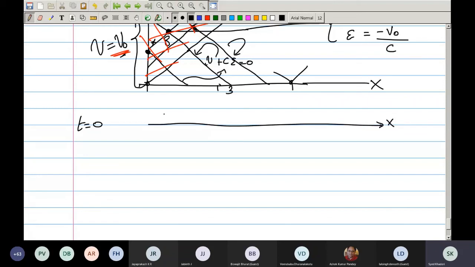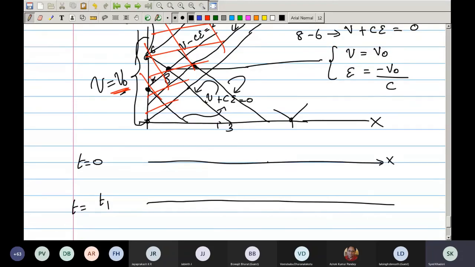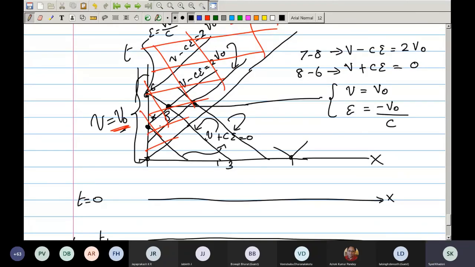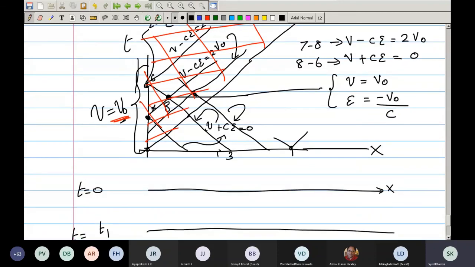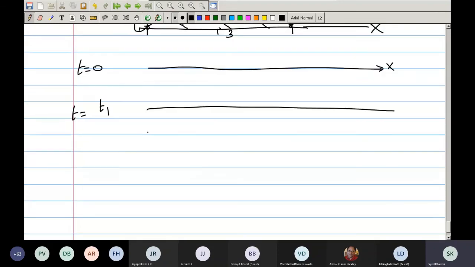At time, let's say, t equal to c t1. Let us say that t1 is somewhere here. Let me just redraw it so that it's clear what is happening.